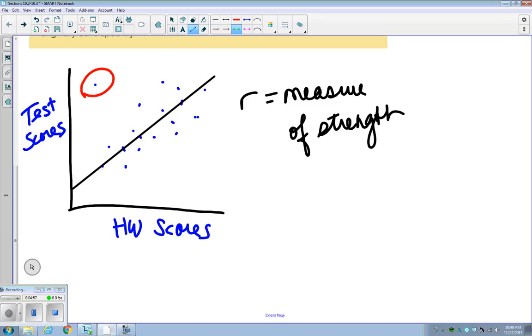This line would have to curve a little bit, come up, wouldn't it? I would be changing the y-intercept, and it would be changing the slope of the line. It may be something more like that. So that one outlier would have a dramatic effect on my linear regression. Linear regression is going to be y equals mx plus b. And you all remember that from algebra, right? Good. Excellent.